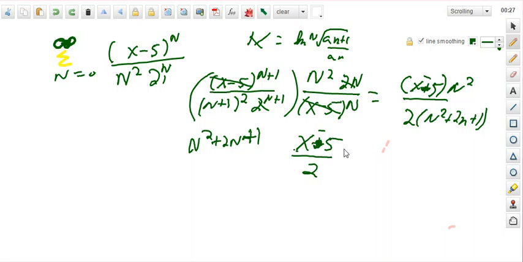So this part is right, though. We did that right. Okay. So now if I'm going to look at my intervals, I need to find out where this is between 0 and 1. So that means I have this inequality.